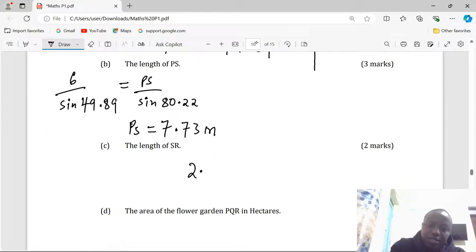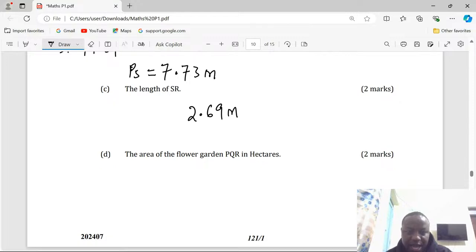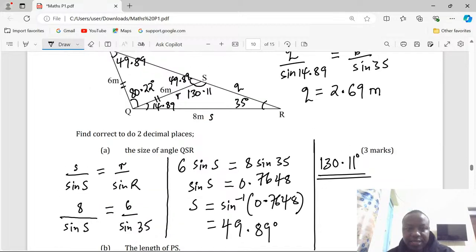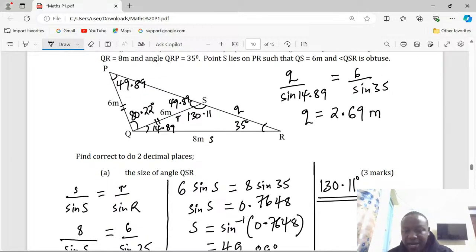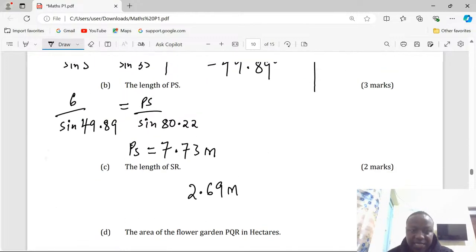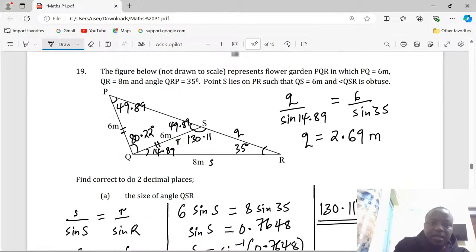So with 2.69 meters, now we are finding the area of the flower garden PQR in hectares. We can use several approaches, but we see that PS has already been determined, PS 7.73.